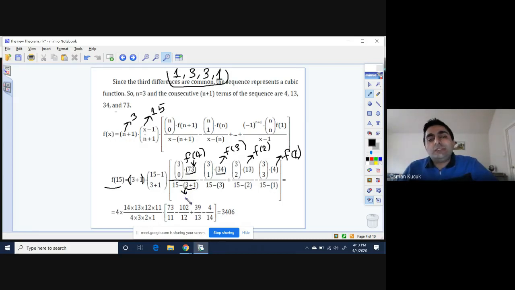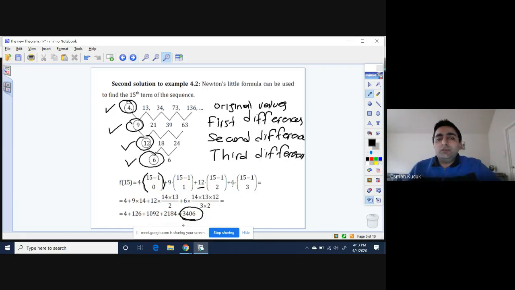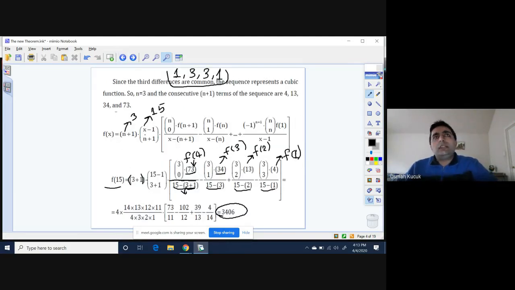We need to substitute 3 for n. 3 plus 1 is 4. 15 minus 4, 15 minus 3, 15 minus 2, 15 minus 1, respectively. When you calculate it, you are going to get 3,406. We got the same answer as using Newton's formula, 3,406. As I said, this formula can be the alternative of Newton's formula.